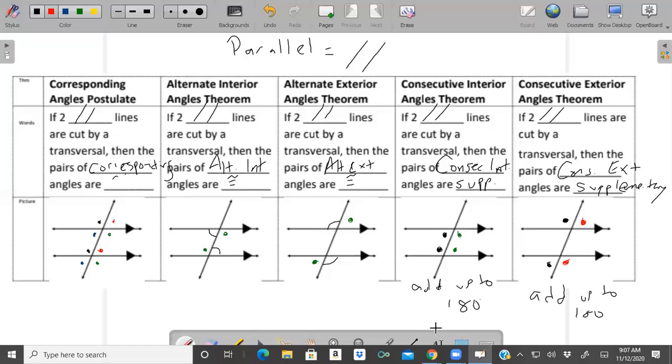So that would mean that the second one would be for interior. Excuse me. The second one would be for interior, but okay.